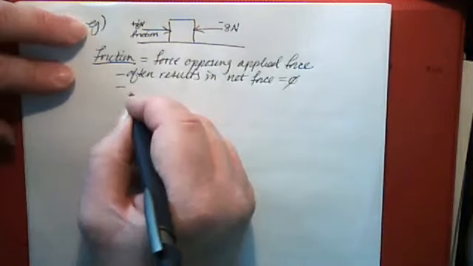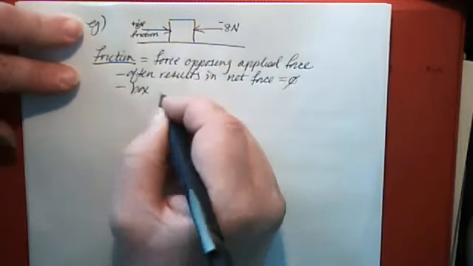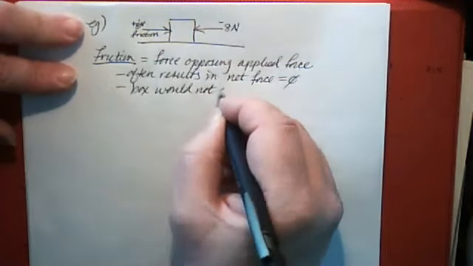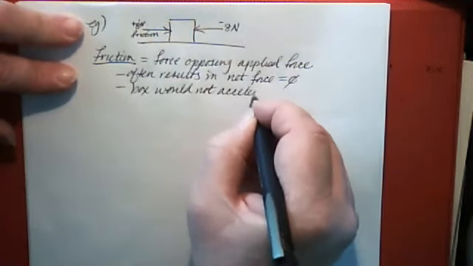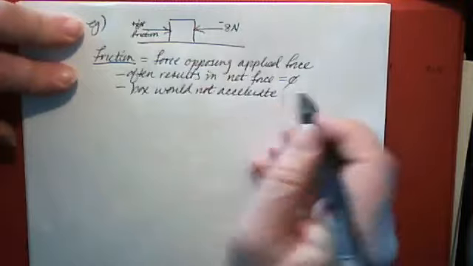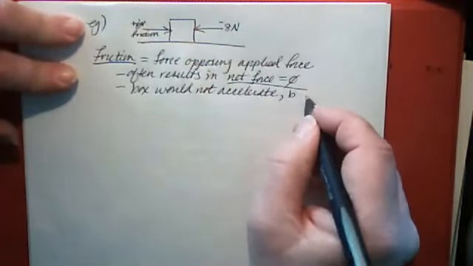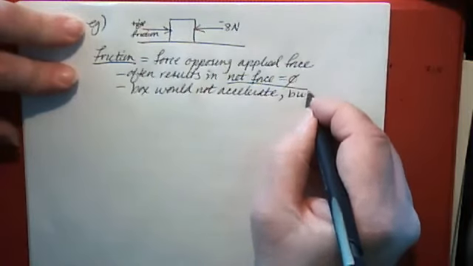In that case, if the net force is 0, the box wouldn't accelerate, but it could move at a constant velocity.